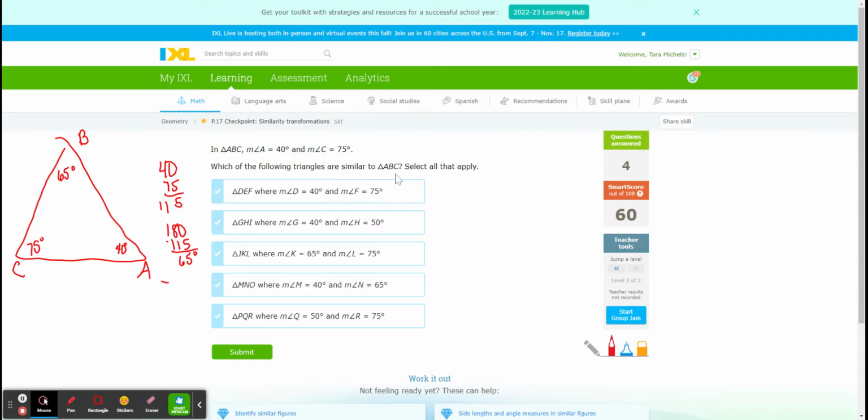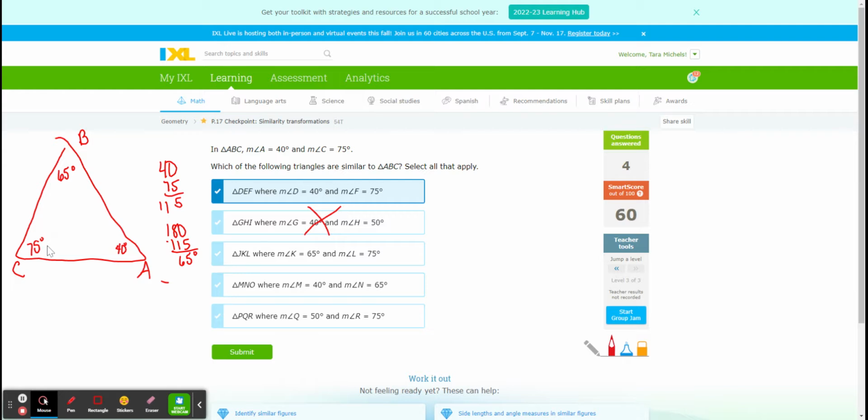Which of the following triangles are similar to ABC? So similar has to have the same measurements. One that is 40 and 75. That'll work. 40 and 50. That's a no. I don't have any angles that are 50. So nope. 65 and 75.